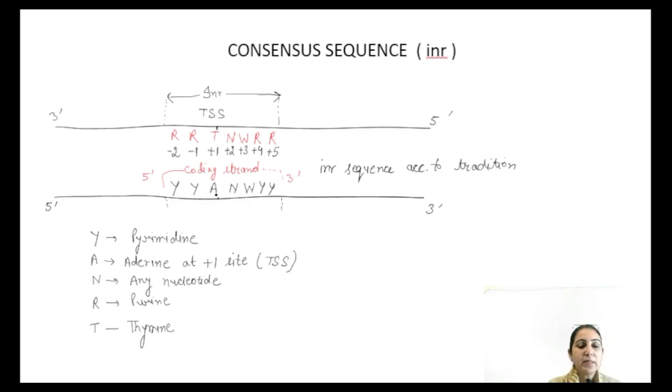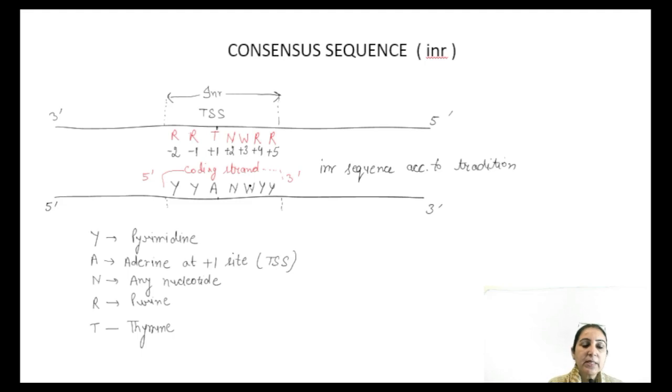After that, in the sequence is N. N can be any nucleotide. W is any weak nucleotide, that is, nucleotides that contain adenine or thymine as their nitrogenous base. Why are such nucleotides called weak nucleotides?